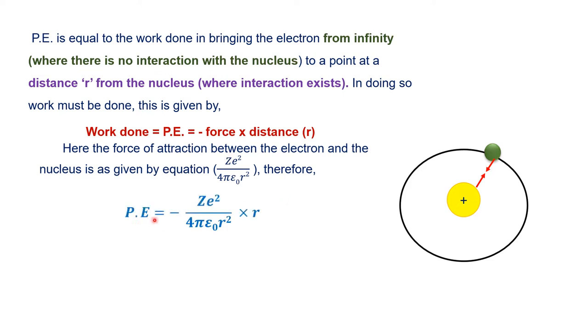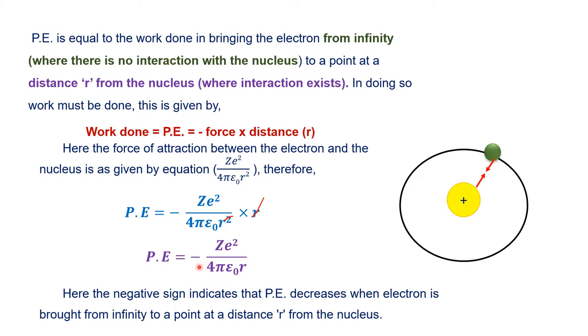So potential energy is equal to minus Ze square divided by 4 pi epsilon naught r square multiplied by distance that is r. So here the r and r square, one r from this square will cancel out, and we will get potential energy is equal to minus Ze square divided by 4 pi epsilon naught r.